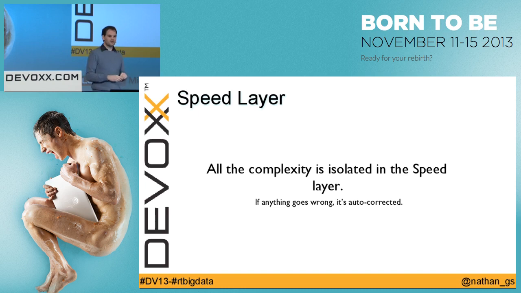Let's say a few machines crash or there's a miscalculation in our speed layer, we still have the raw events that we keep as part of our master data set in our batch layer. So we can always go back and regenerate the states. Or even better, the views of our speed layer will always get replaced by the data that's ingested in our batch views.